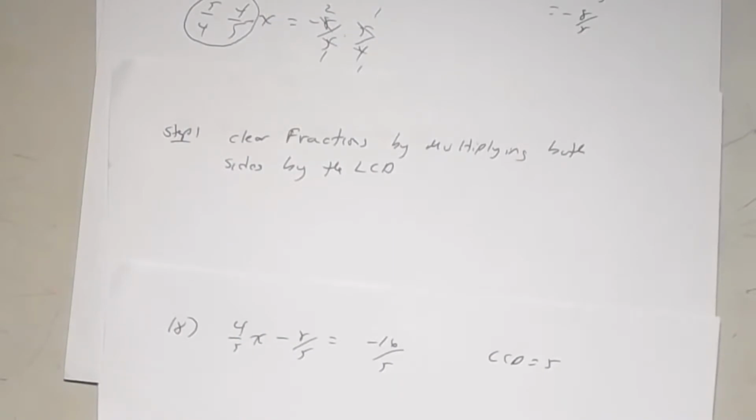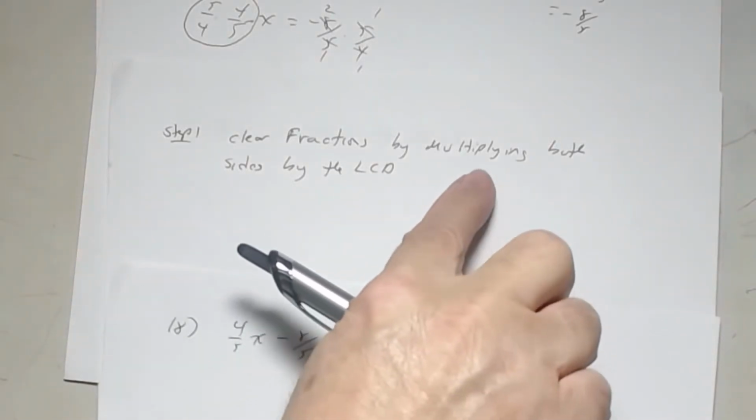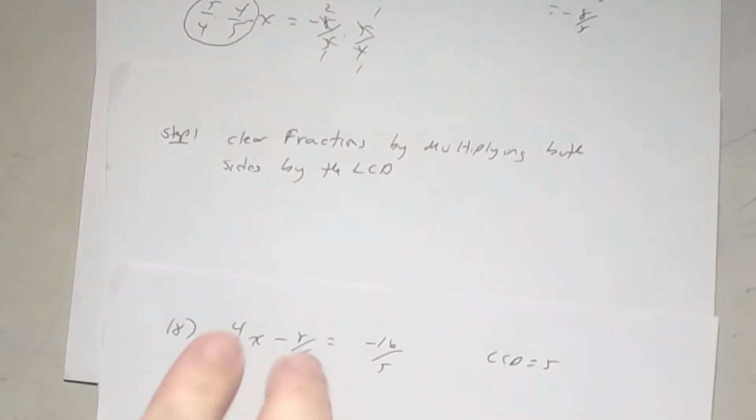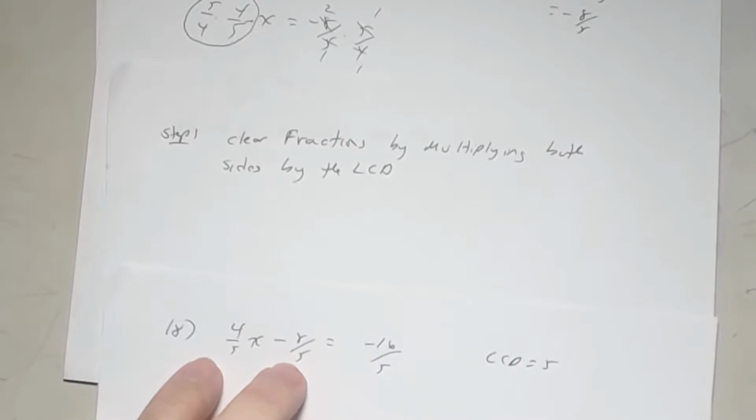Now you want to get rid of those denominators. So you're going to clear the fractions, and we're going to use multiplication. You can multiply both sides by that LCD. Now you see the left side has 2 terms? You're going to put that in parentheses, and you can multiply by 5, just like this.